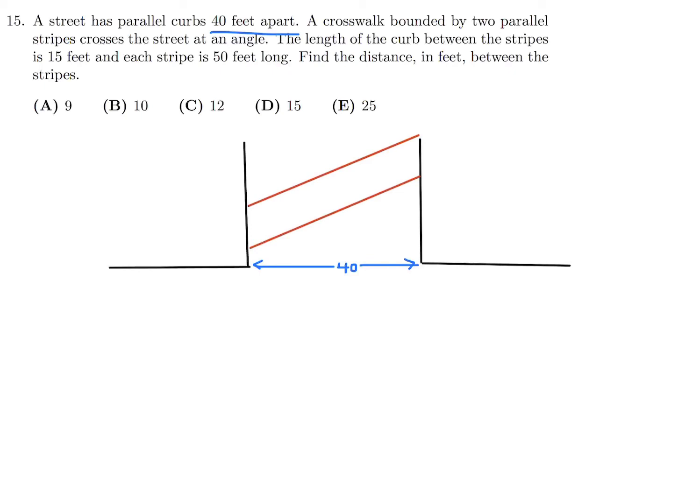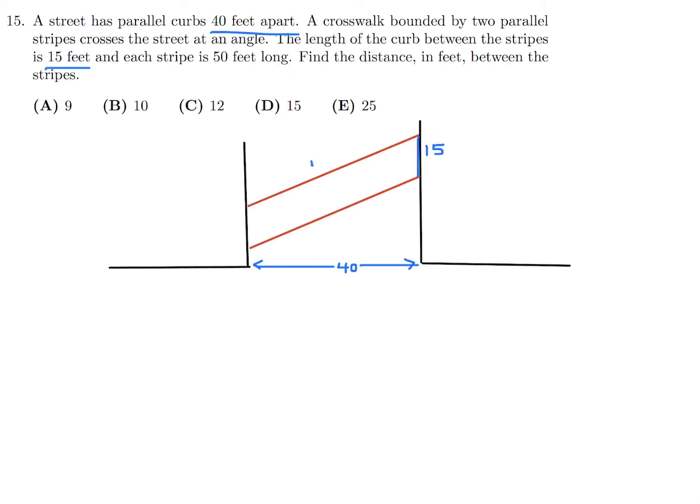And the length of the curb between the stripes is 15 feet. So this is 15 right here. The length from there to there. Okay? And let's see, what else did they say? The length of the curb between the stripes is 15 feet, and each stripe is 50 feet long.